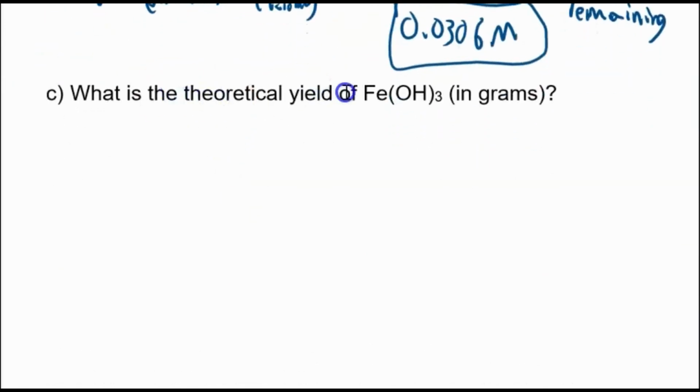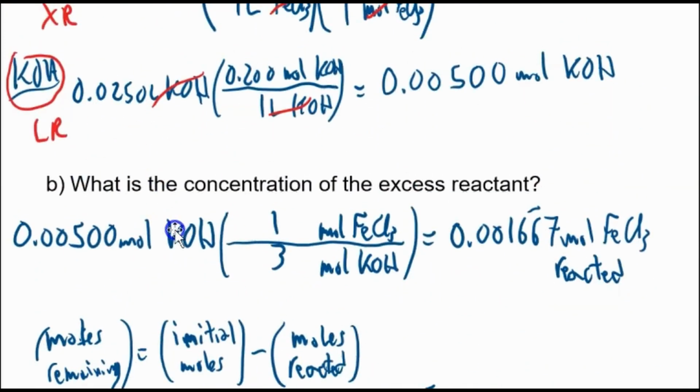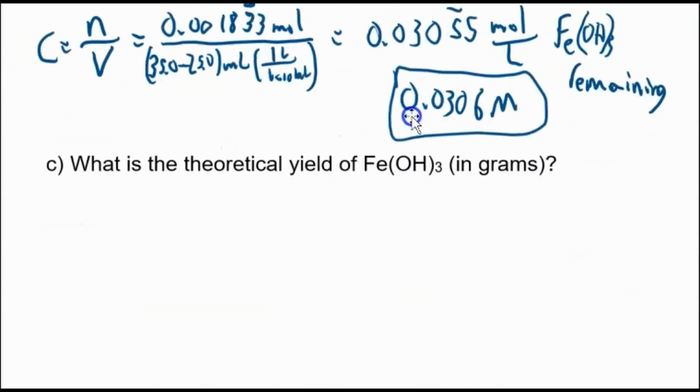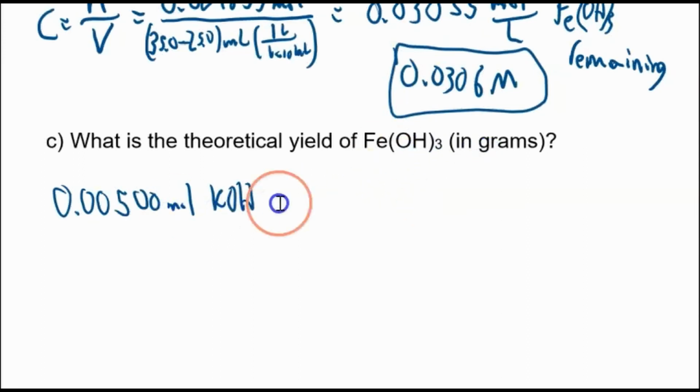So the theoretical yield is based on the limiting reactant, which was KOH. And how much KOH do we have? We have 0.00500 moles of KOH, and we want to find out grams. Well, we've got to use the mole bridge.